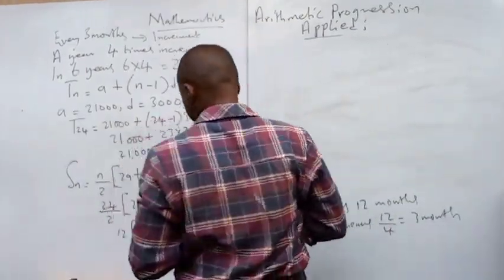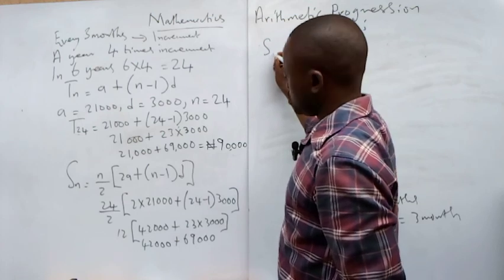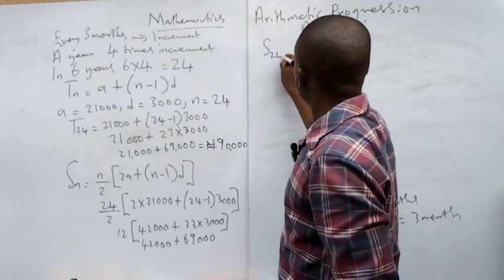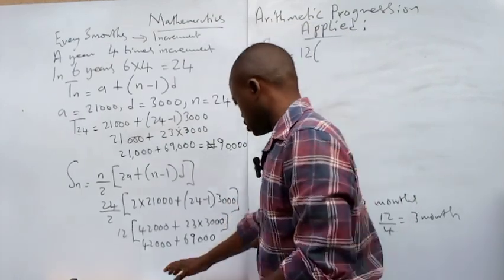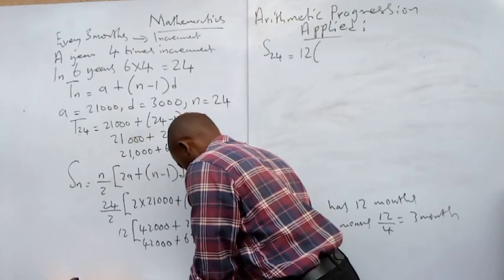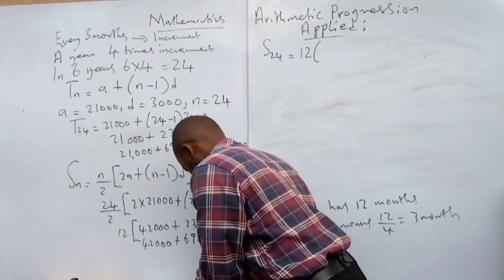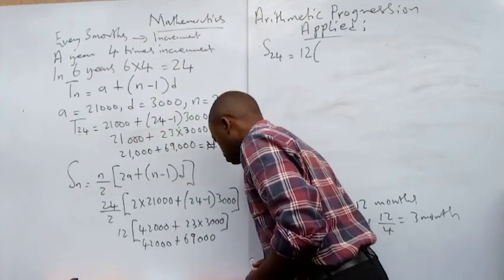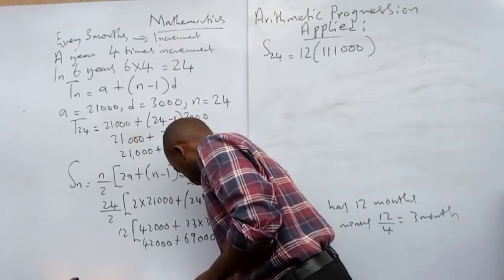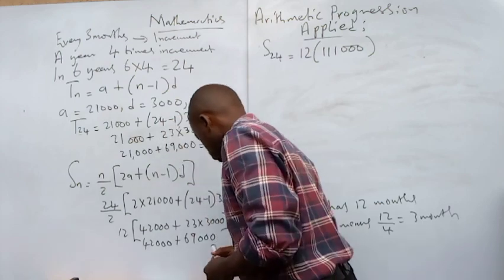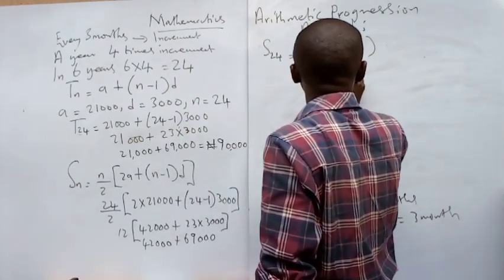All right. So are you there with me? So the sum of this person's take home pay at the 24th increment is 12 multiplying what is 42,000 plus 69,000? 42, 1, 2, 3 plus 69, 1, 2, 3 equals, that is 111,000. 12 times 111,000 equals 1,332,000.